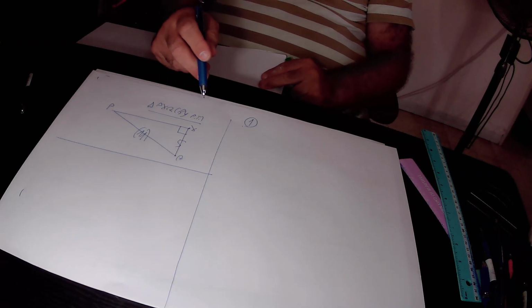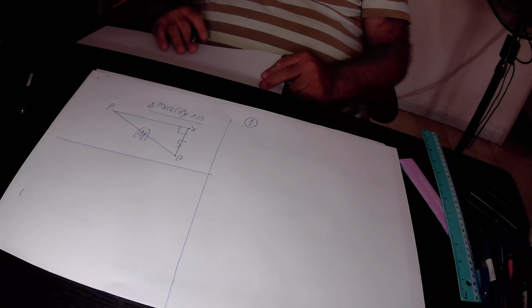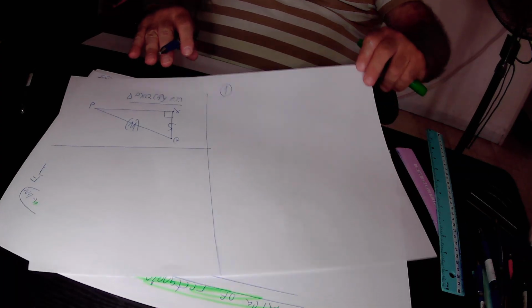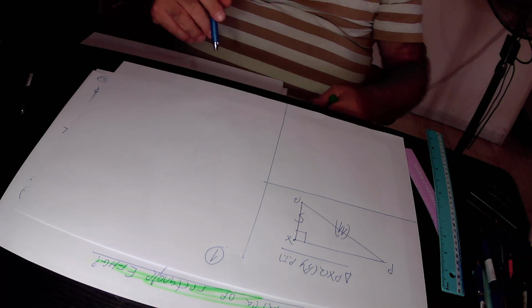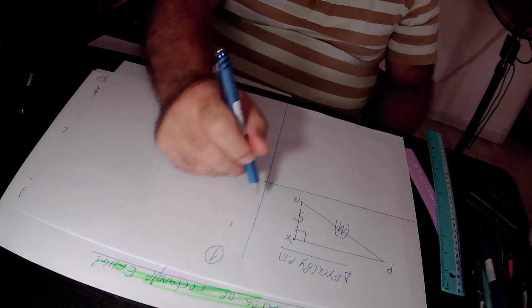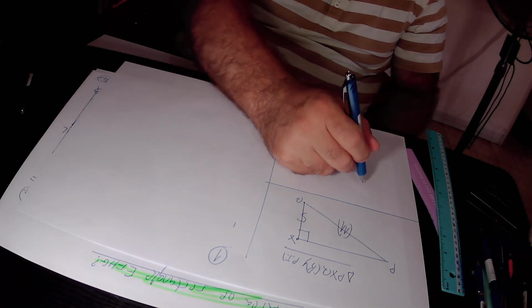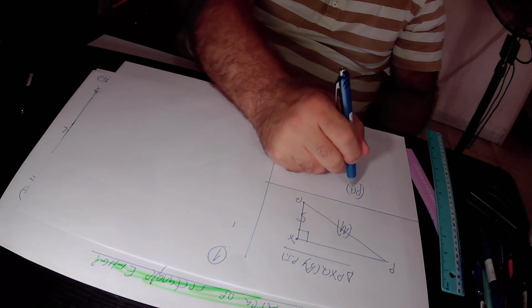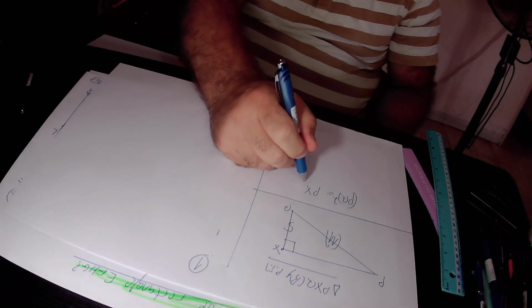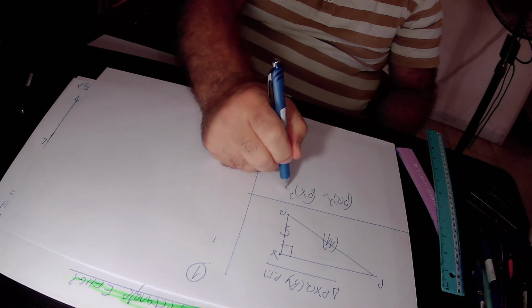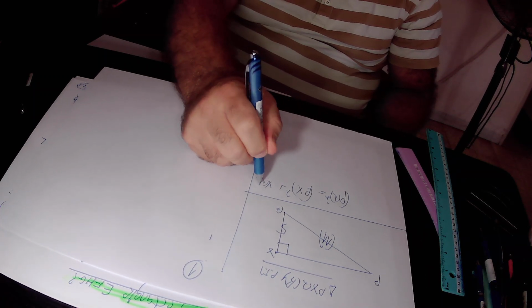equals PX squared plus XQ squared. So I write it down. PQ squared, that is the square of the hypotenuse, must be equal to PX squared plus XQ squared.